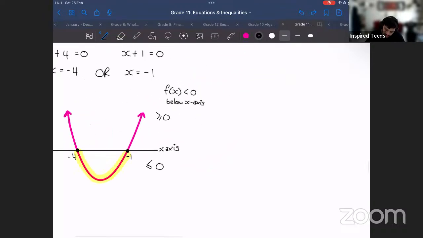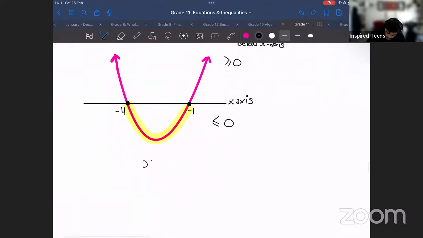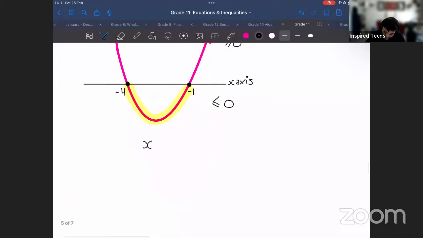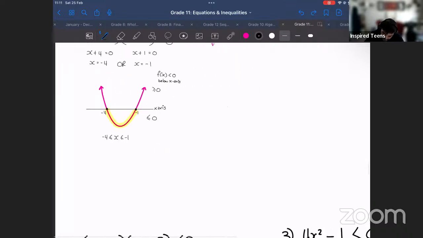There are two ways you can do this. Whenever something is between, remember, you put the variable between, with the number on the left and the number on the right. So I am going to say x is greater than or equal to -4, but less than or equal to -1. This expresses that x is between -4 and -1, including. Why do I include? Remember, we discussed it last week.